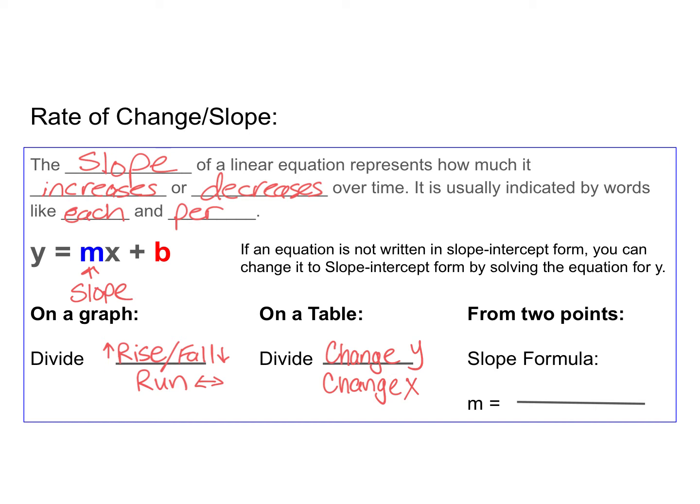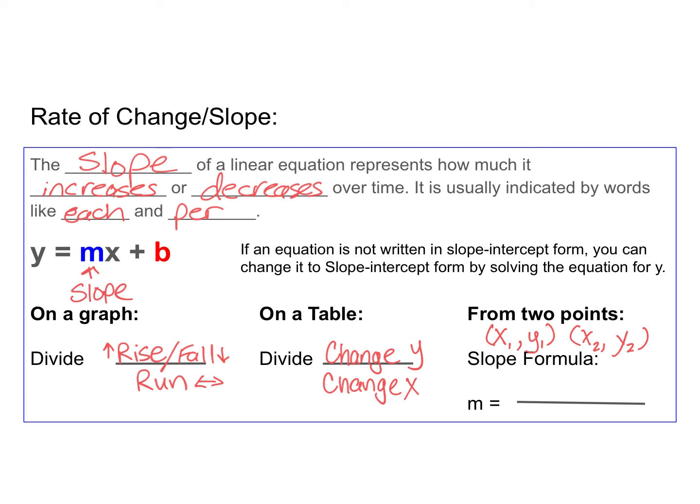And then if you have 2 points, you have to use the slope formula. So 2 points means you've got 2 different coordinates. And so we know a coordinate or an ordered pair is an x and a y. So when they write this formula, they refer to the x's and the y's as x1 and y1 when they come from the first one, and x2 and y2 when they come from the second one.